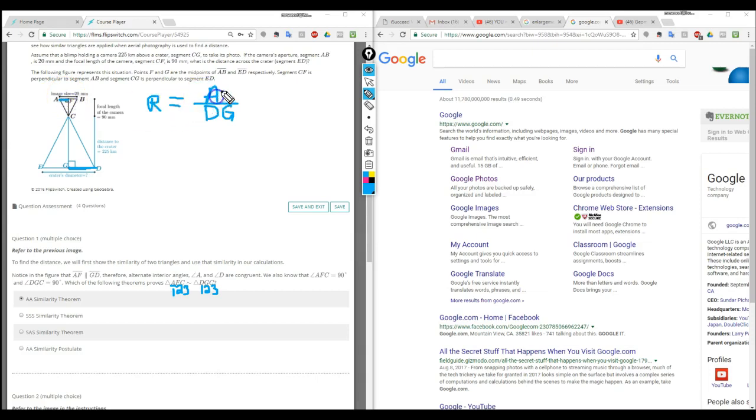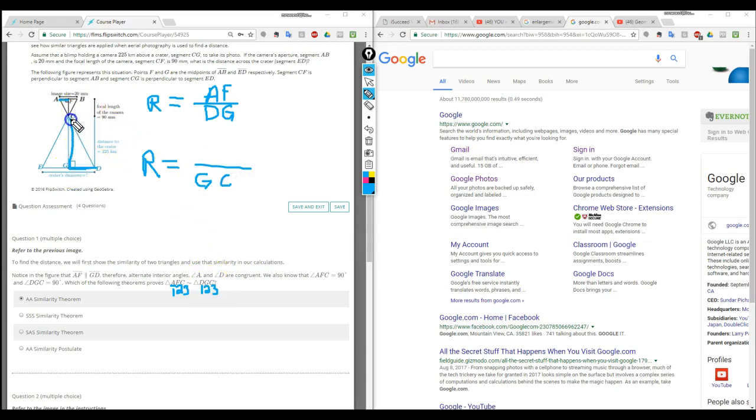So that ratio is also going to be the same as G to C, our second vertex to our third vertex.